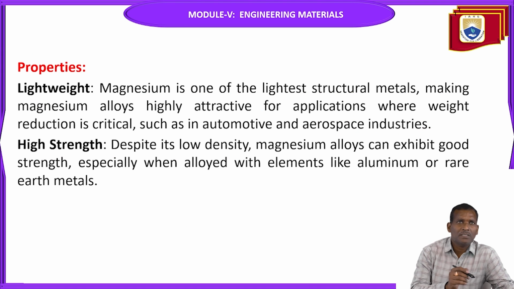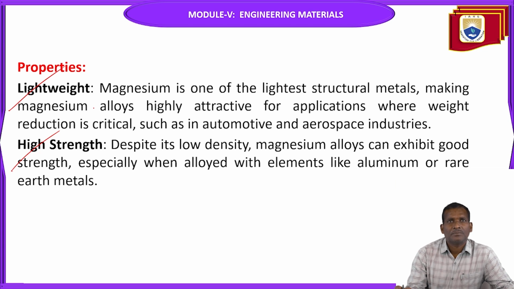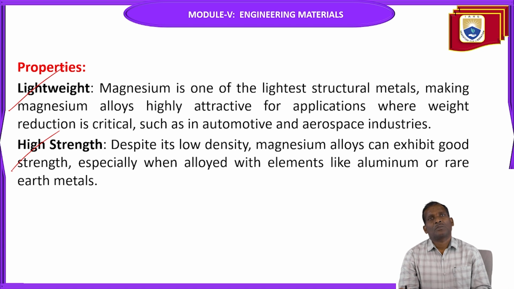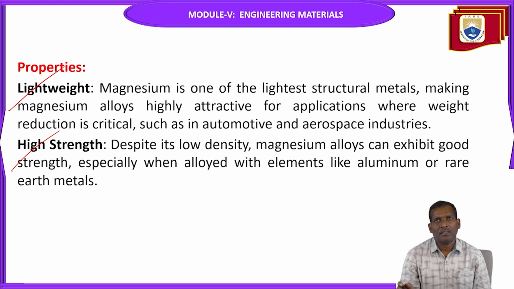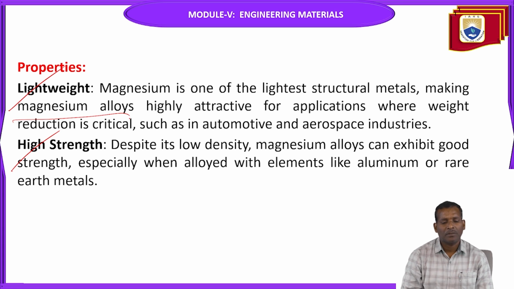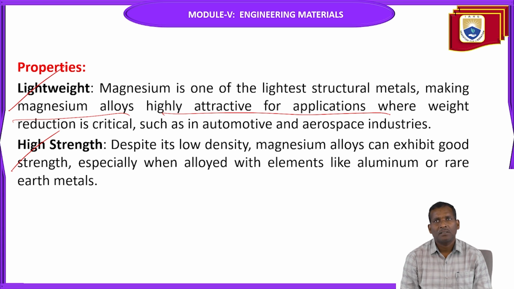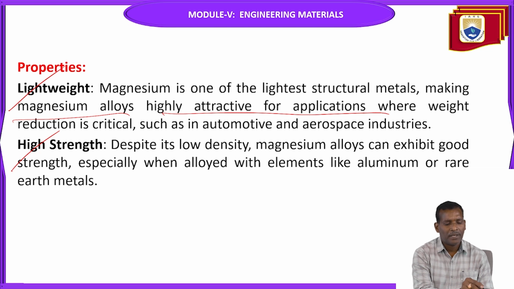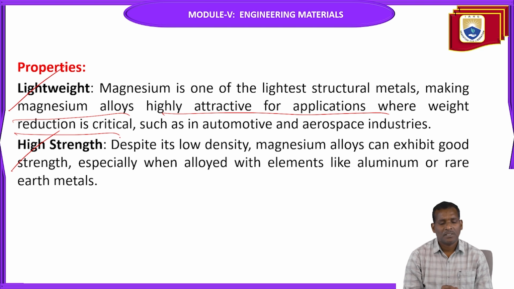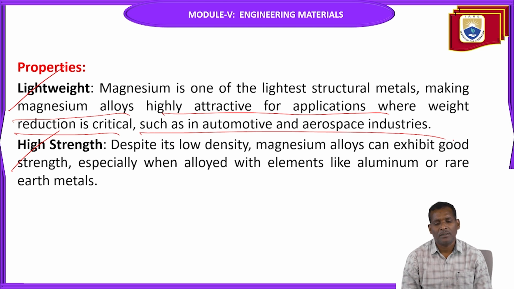What are the properties? Lightweight property and high strength. Magnesium is one of the lightest structural metals, making magnesium alloys highly attractive for applications where weight reduction is critical, such as in automotive and aerospace industries.